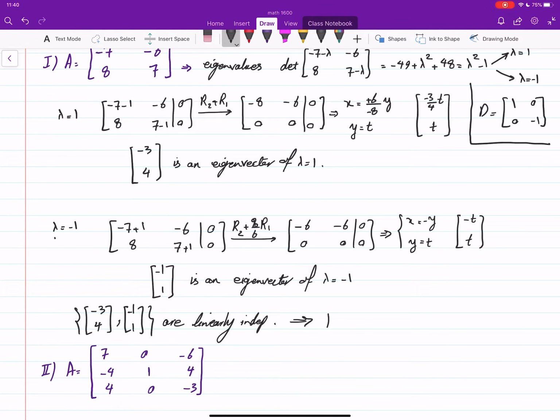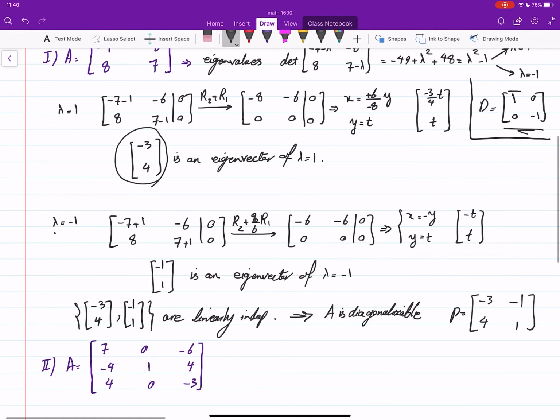So right away we know that the matrix A is diagonalizable, and the matrices P and D we already found here. Matrix P: the first one is for eigenvalue 1, so I pick an eigenvector for it, -3, 4, and then the eigenvector of -1, which is this. And that is enough.